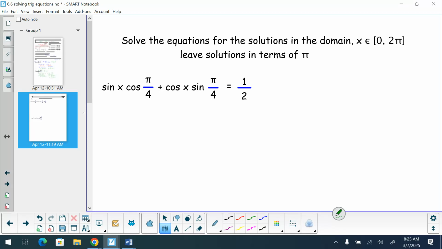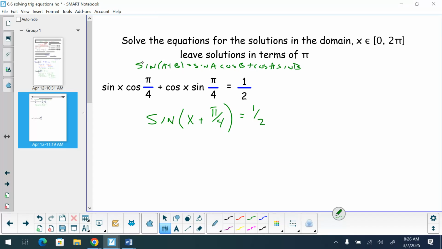Sine of A plus B. Sine of A plus B is sine A cosine B plus cosine A sine B, and that's what we have here. So we can condense this back into sine of x plus pi over 4 is equal to 1/2.